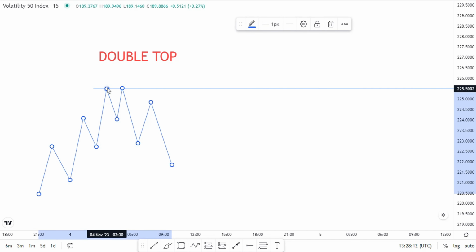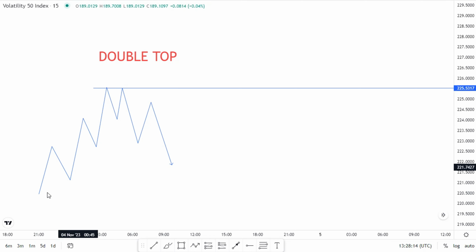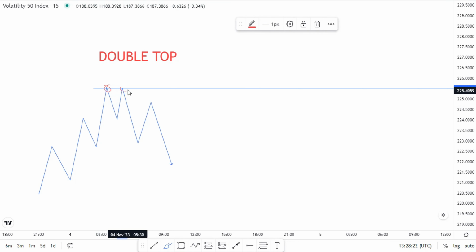So the market was pushing upward with bullish momentum until it faced this strong resistance, and it was rejected from pushing further upward, since this resistance was really strong here, and the market had to change its character by breaking the previous lower high to create a new low around these areas here.